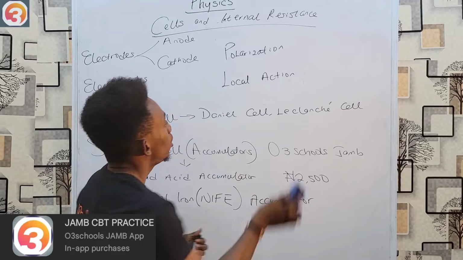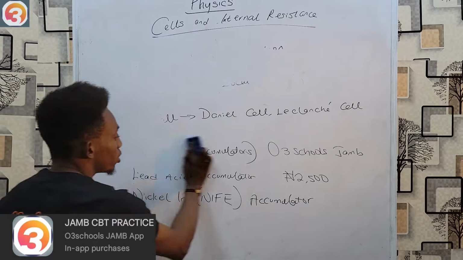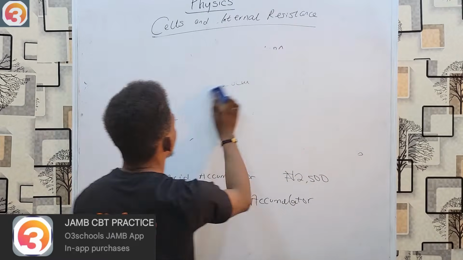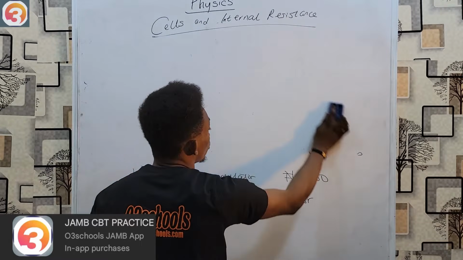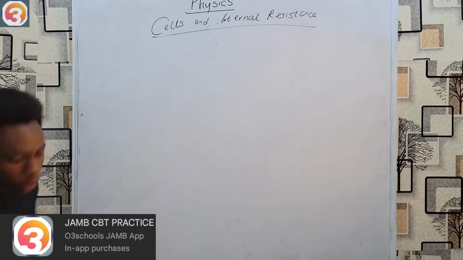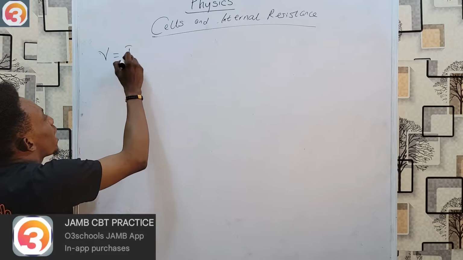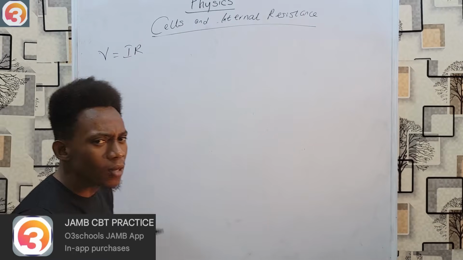Now, from what we know about Ohm's law, which states that the current produced in a conductor is proportional to the voltage, we know that V must be equal to IR.